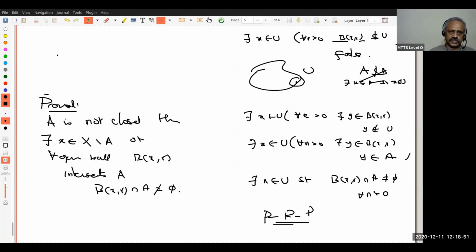Have you understood this concept? Yeah. So if A is not closed, this is what it means.